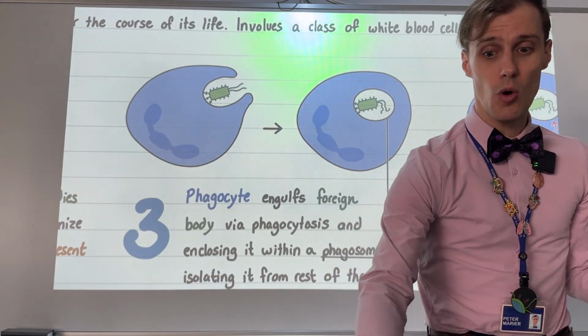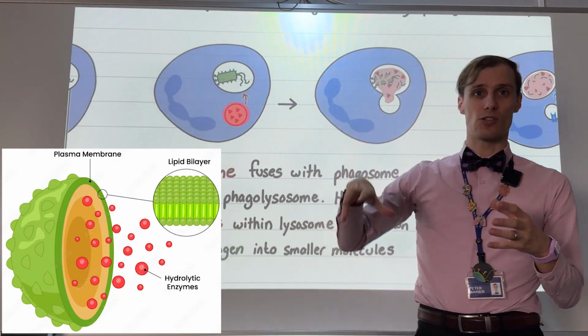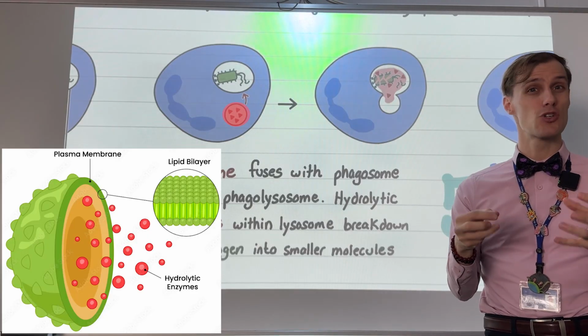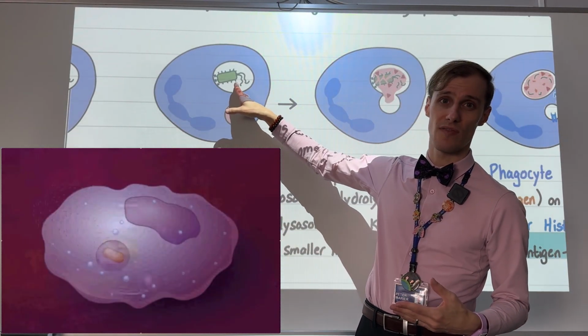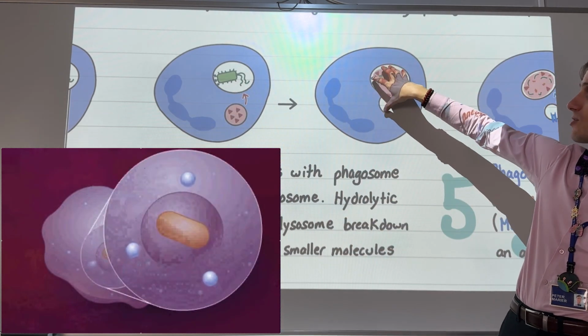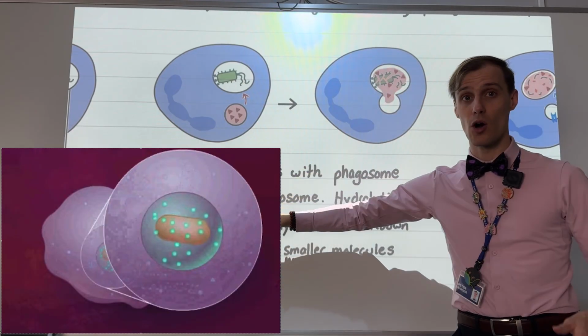So what? Well, the next thing that's going to happen is that lysosomes, which recall are organelles that contain very powerful hydrolytic enzymes, are going to now be initiated to move towards this phagosome and fuse. Once this lysosome has fused with this phagosome, we can now call this a phagolysosome.